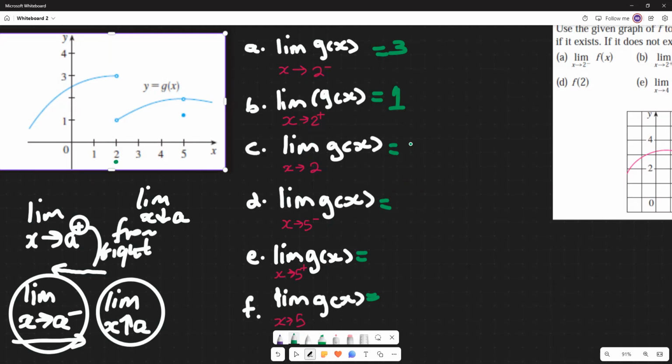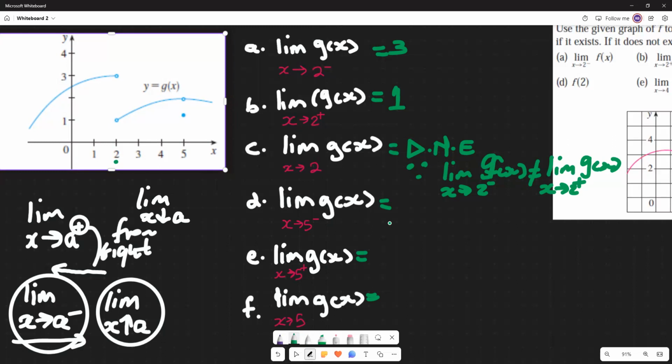So here you're going to say does not exist. Your reason will be because the limit as x approaches 2 from the left of g of x is not equal to the limit as x approaches 2 from the right of g of x. That is your reason, if they say give a reason for your answer.